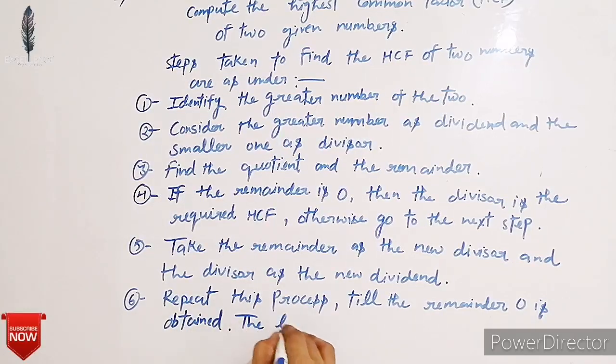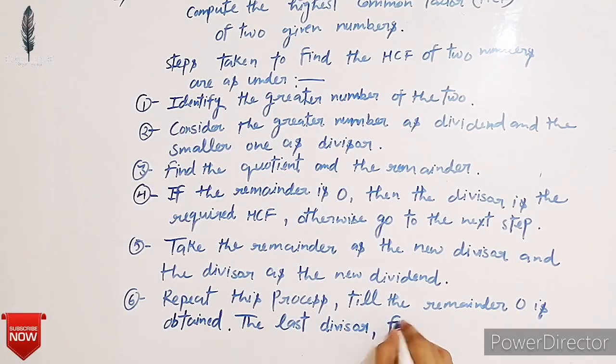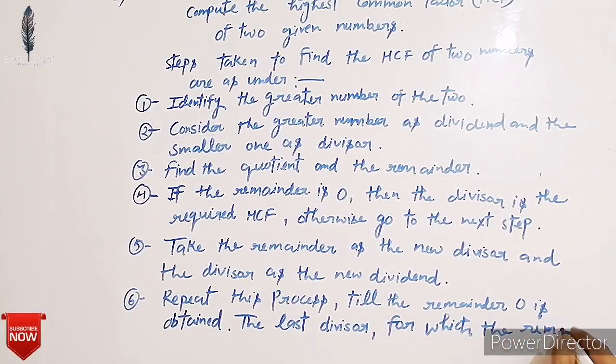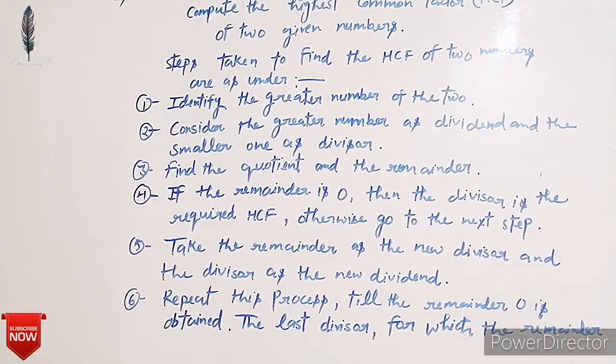The last divisor for which the remainder is 0 is the required HCF.